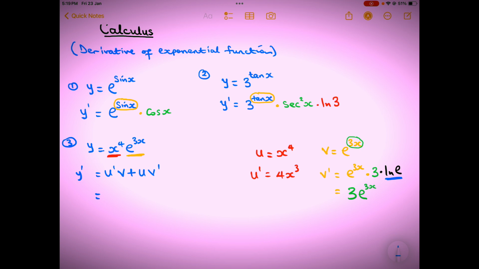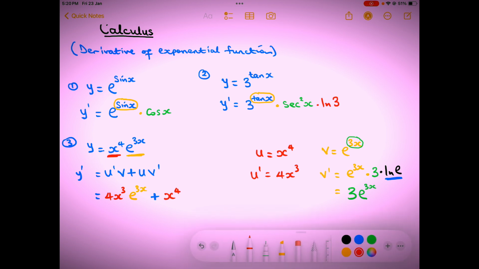I'm going to get 4x cubed, representing the u prime, multiplying the v, and my v is e to the power of 3x. Everything plus my u, which in this case is x to the power of 4, multiplying my v prime, and the v prime we have is 3 e to the power of 3x, right? So this is what we have.